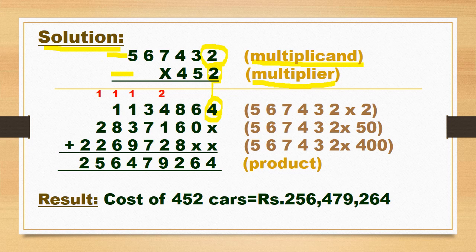Proceed with the same method from right to left. Now you have multiplied the ones digit by every digit in the top number. Move to the tens digit in the bottom number.